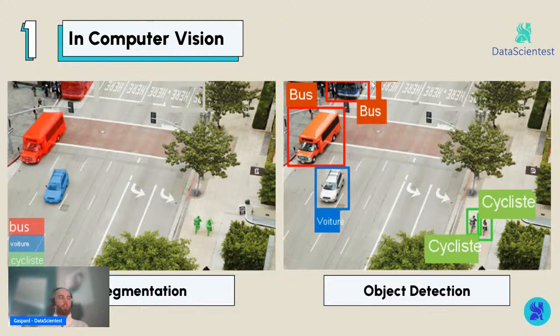For object detection, it's also about trying to predict the object and delimit it with bounding boxes. This is the output of a really famous model called YOLO, for You Only Look Once, and that allows us to detect multiple objects on one image with the classes associated to each object. As you can see, these two solutions are really precise and can be useful in a lot of areas.